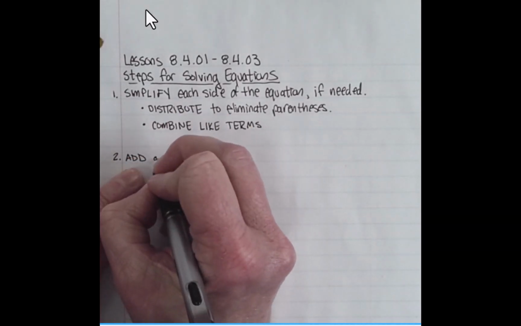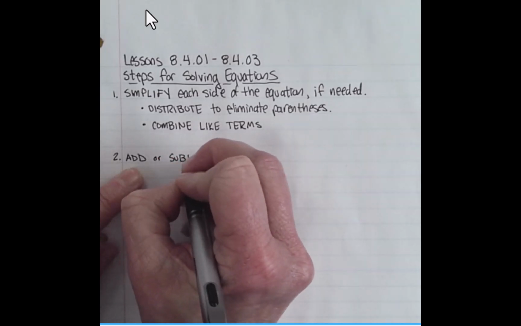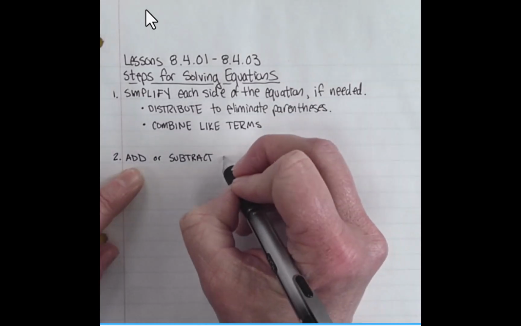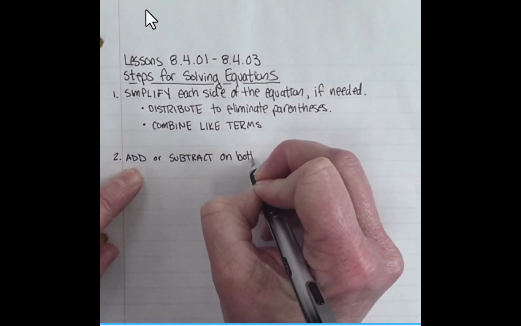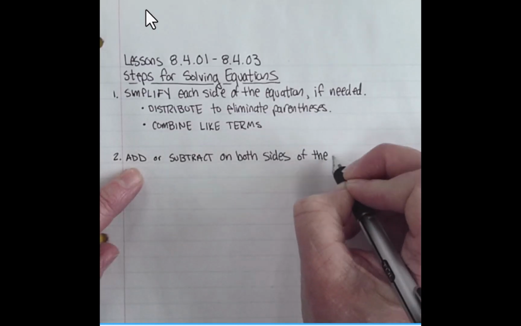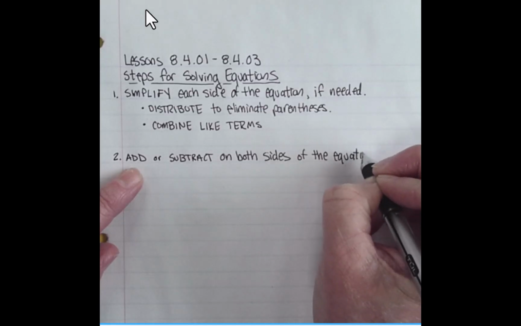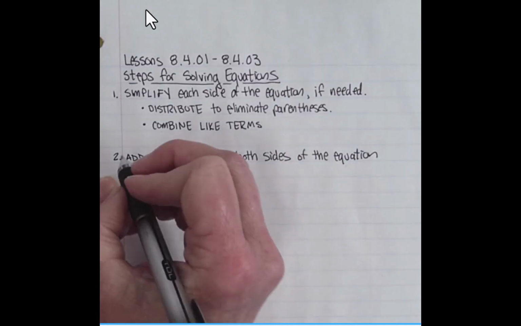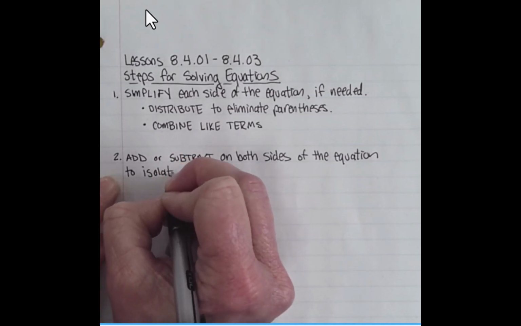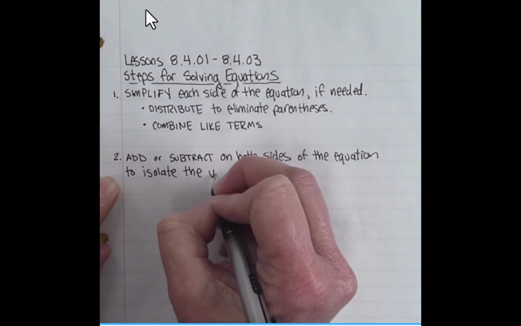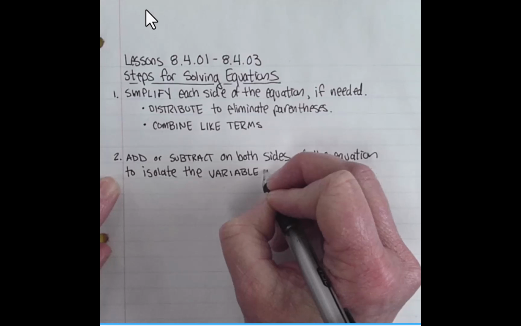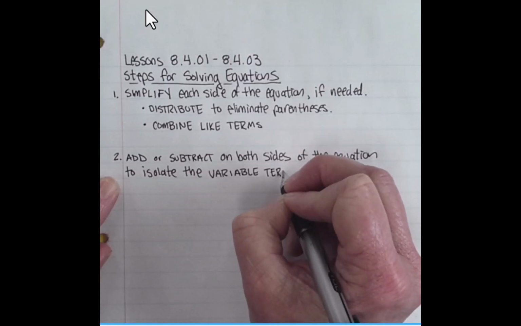We're going to say: add or subtract on both sides of the equation to isolate the variable term. We'll talk about what the variable term is when we get into it.